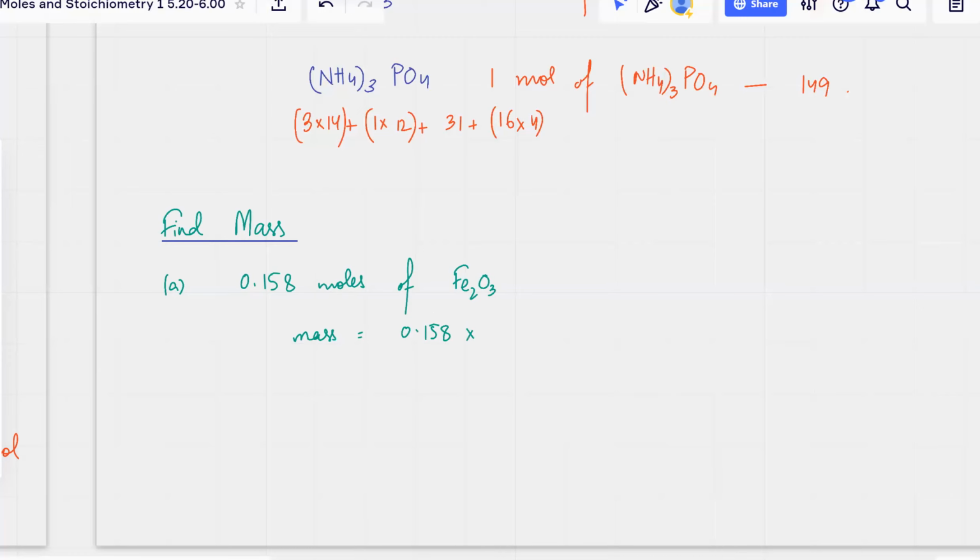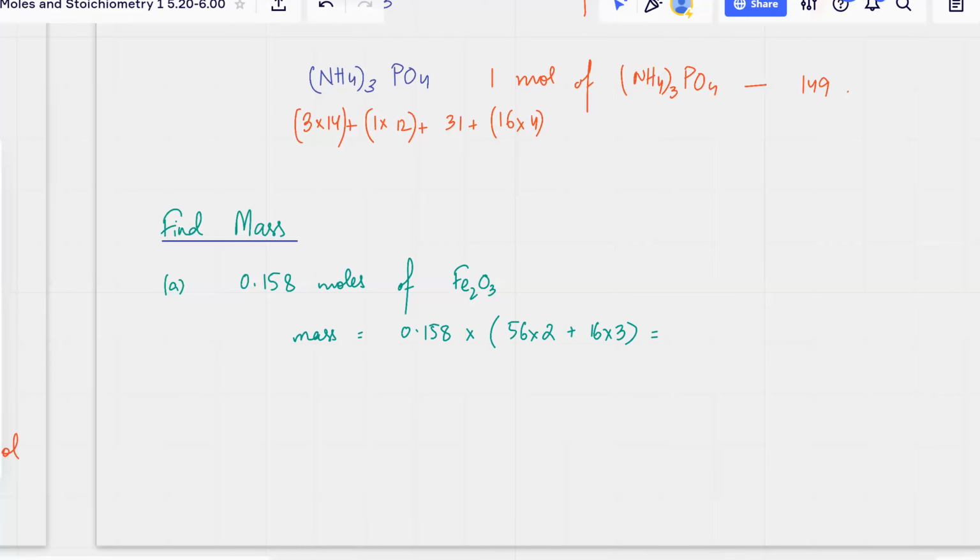So it would be 0.158 multiplied by what's the mass? Fe I think is 56 times 2 plus 16 times 3. तो ये बताओ क्या बन रहा है? 25.28 grams. How much?